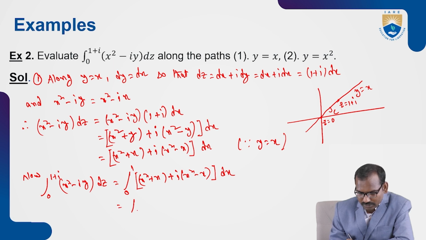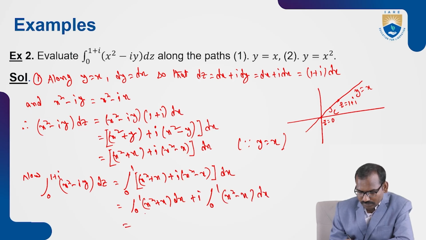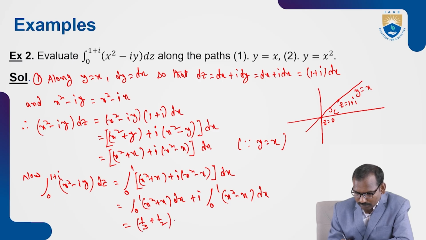Now you will have the integration from 0 to 1 of x square plus x dx, plus the imaginary part, the integration from 0 to 1 of x square minus x dx. If you perform the integration for the first term, you get 1 third plus 1 by 2. This will be the real part, and i times, here you will get 1 third minus 1 by 2.